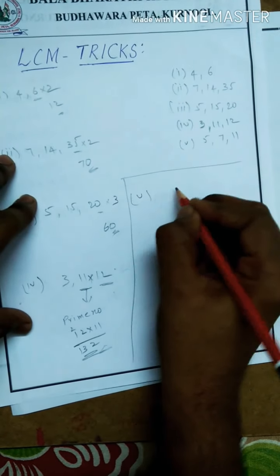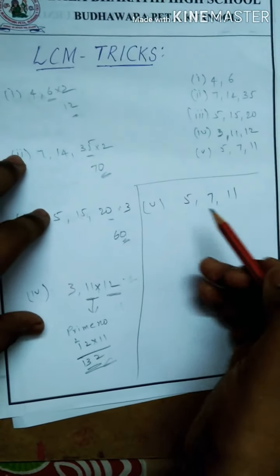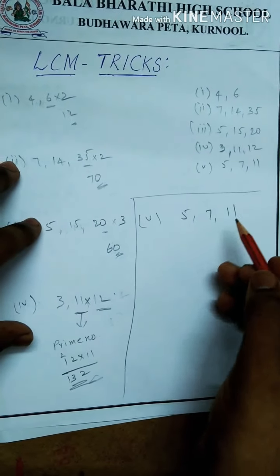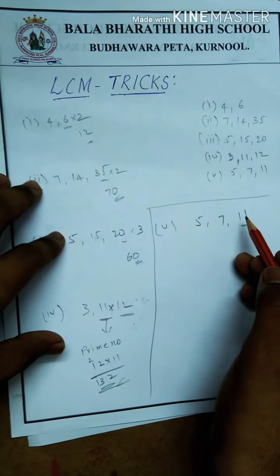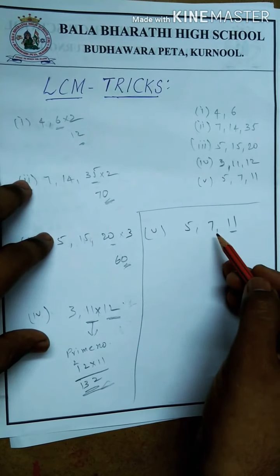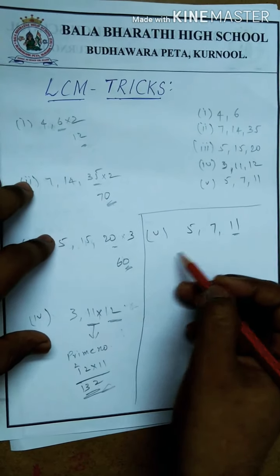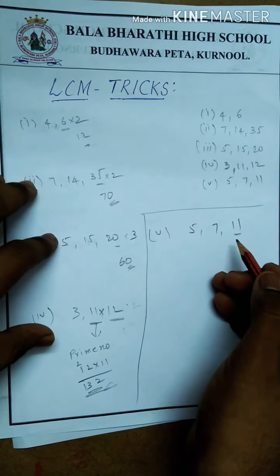Example 5. 5, 7, 11. Now if you look at these three numbers 5, 7, 11, in these three numbers 11 is the biggest number, right? So can this 11 be divided by 5? No. Can this 11 be divided by 7? No. If you observe these three numbers carefully, these three numbers are prime numbers.